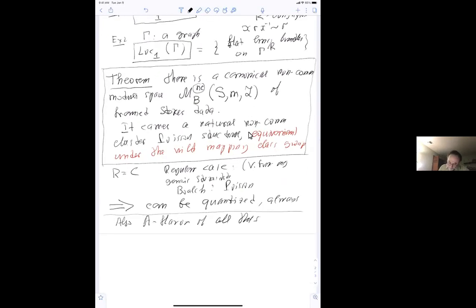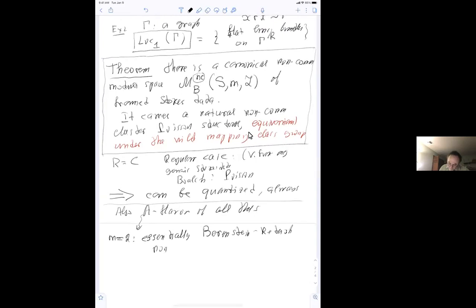Because if you go to the A flavor, when the rank is 2, we get a structure which is essentially Berenstein-Retakh non-commutative cluster algebras. They call it, I guess, surface cluster algebras, related to surfaces.